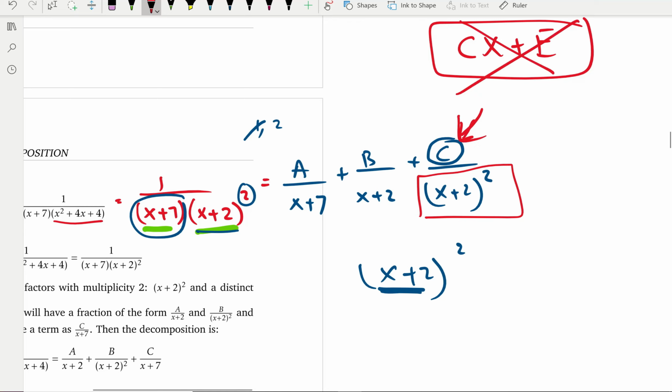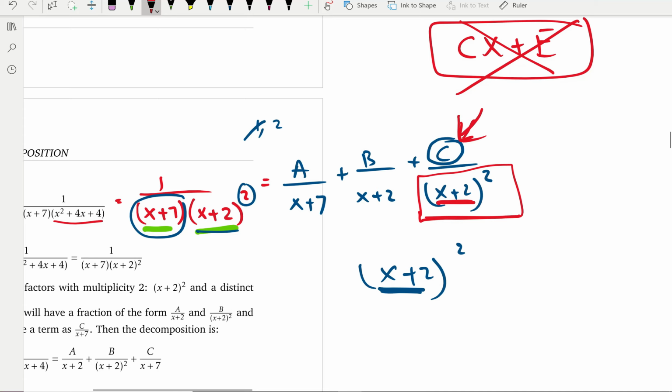The reason is the way we read it. The way we read a repeated factor is that this is a degree 1 factor repeated twice. It's not a degree 2 polynomial. The way we read it is different, so I want you to wrap your head around it. x plus 2 is a linear factor repeated twice. I know it is x square plus 4x plus 4, but forget about it.